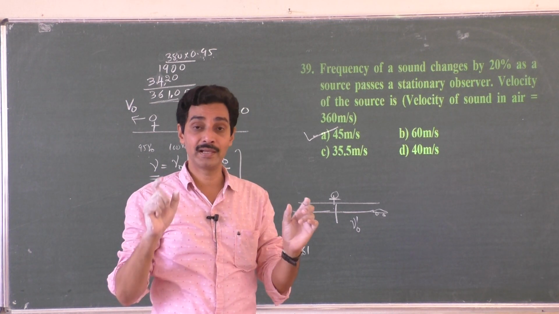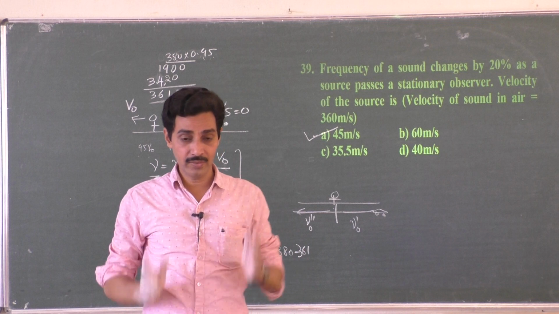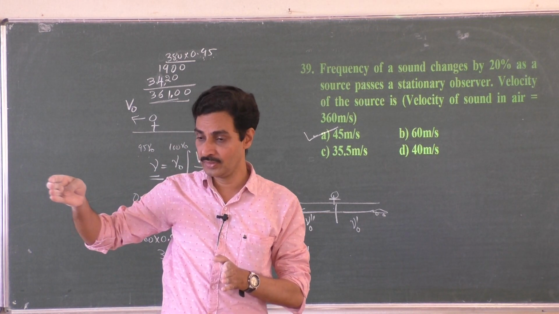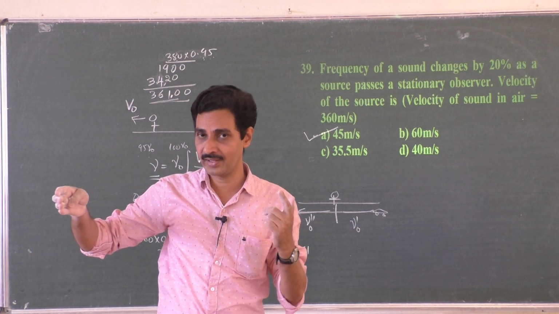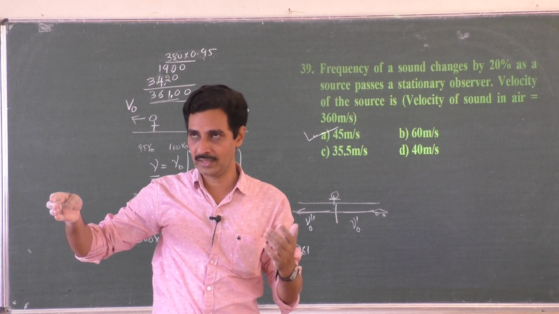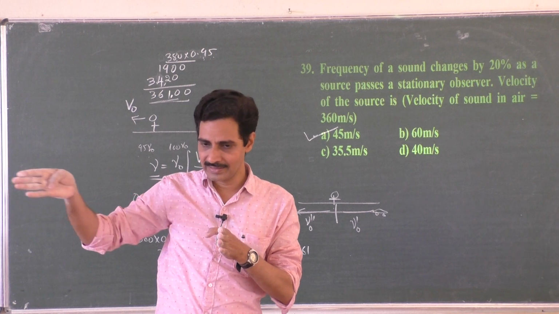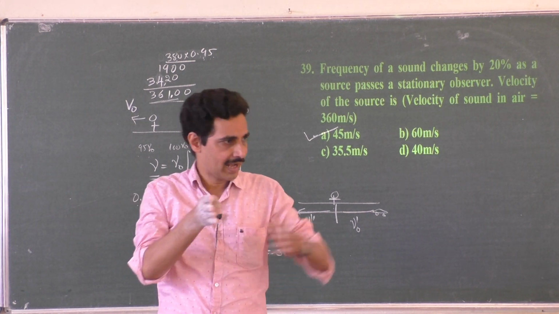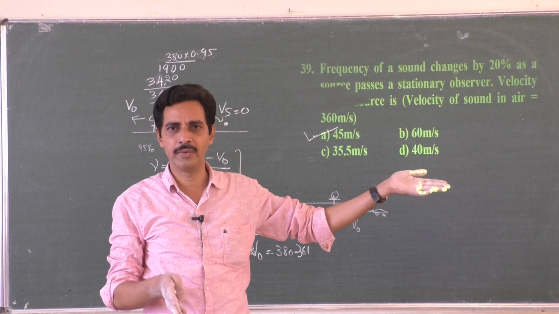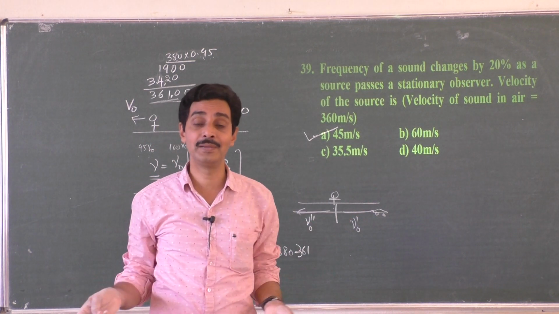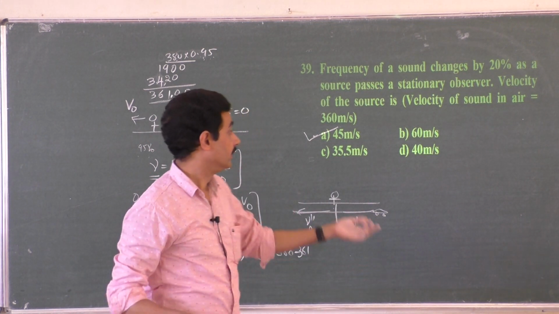They are comparing two apparent frequencies. When you are standing like this, as the train comes, you will feel that the frequency is more. Suppose the actual frequency is 500 Hz, and as it approaches, you hear it as 508 Hz. As long as it is in front of you, it is 508. As soon as it moves away, it may be 495. Those two are 20% different. That is what is said.